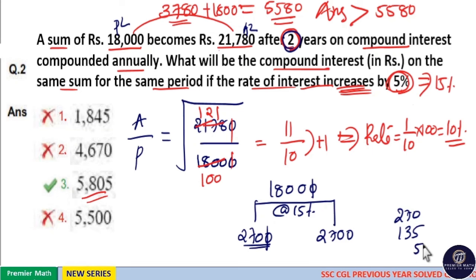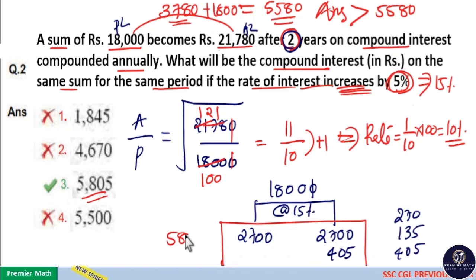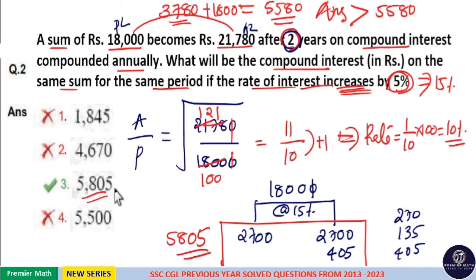So 15% is 405. At the end of 2 years total interest generated is 2700 plus 2700 plus 405. So 27 plus 27 is 54. So this is equal to 5805. Option 3 is your answer.